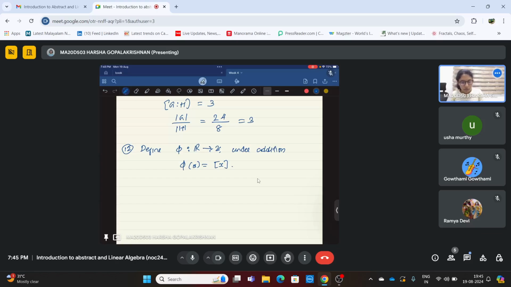So is phi a homomorphism? What is the greatest integer function? You know that? For example, what is the greatest integer of 5.5?